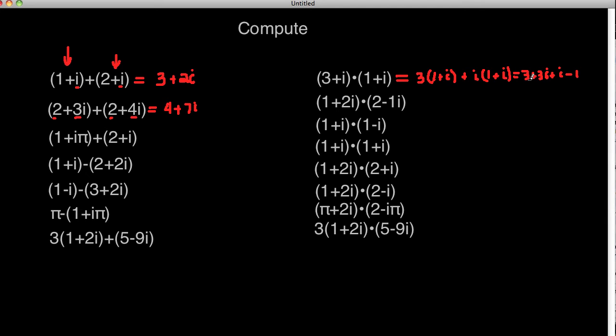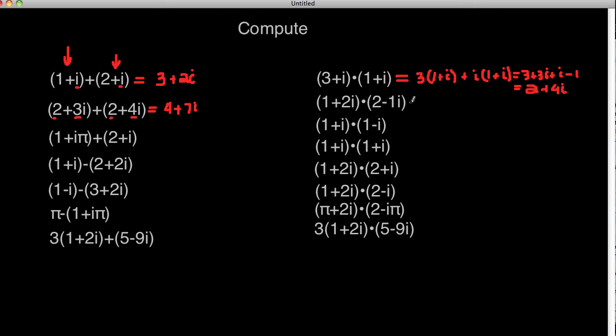So here we have 3 plus 3i plus i plus negative 1. Now, 3 plus negative 1 is 2, and 3i plus i is 4i. So the product of those two complex numbers is 2 plus 4i.